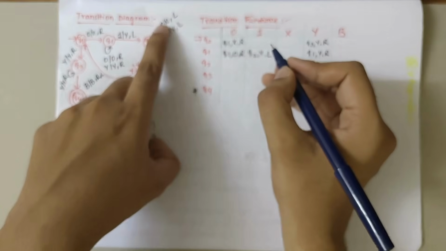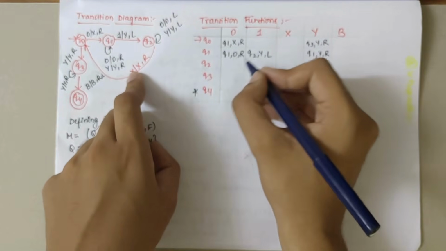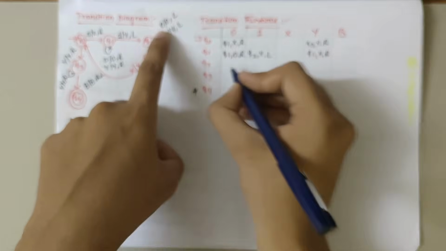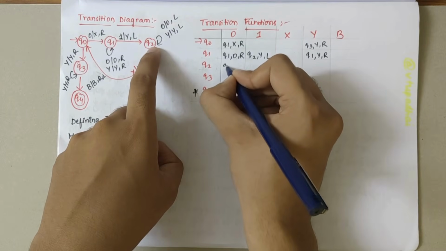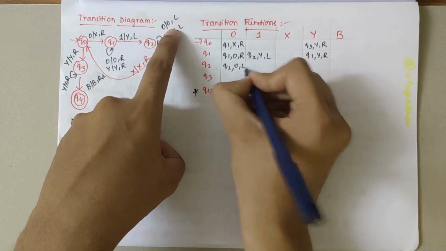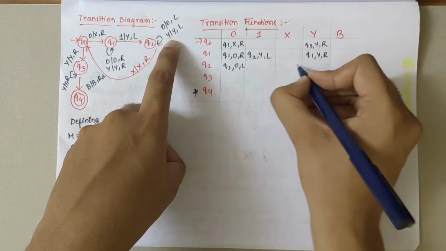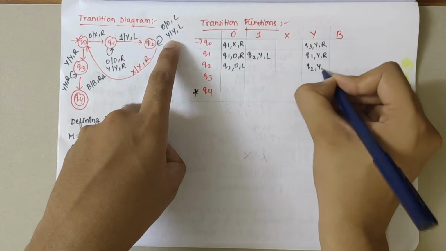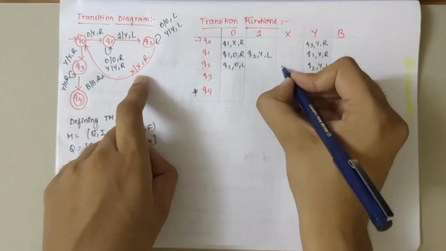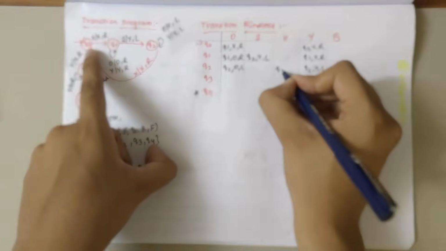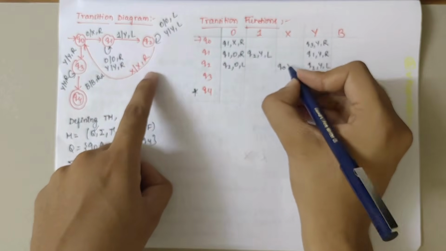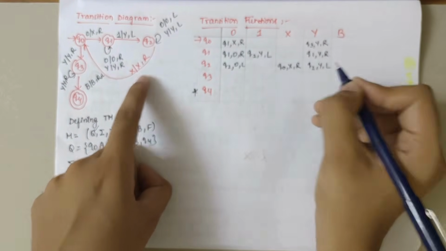From Q2 over 0, over y and over x, I have 3 transitions. Q2 over 0 I get the same state Q2, 0 comma l. Q2 over y I get Q2, y and l. Q2 over x I get Q0. It is changing from Q2 to Q0, right? X and right.